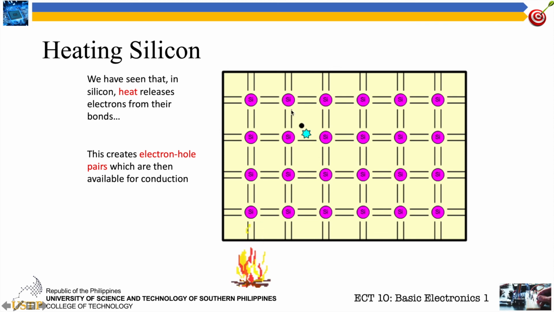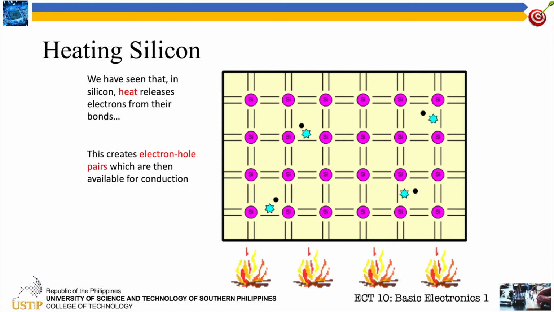They broke from each other. You have here the electron and you have here the hole. Let's try to add more. Another one here. Add more and add more. This creates electron-hole pairs, which will then be available for conduction for the electricity to move.